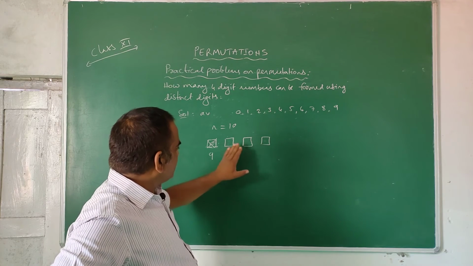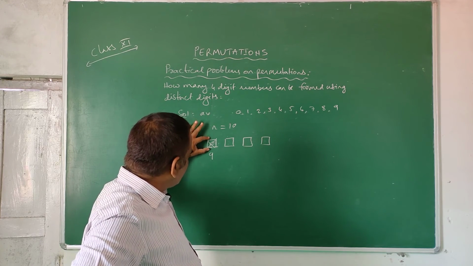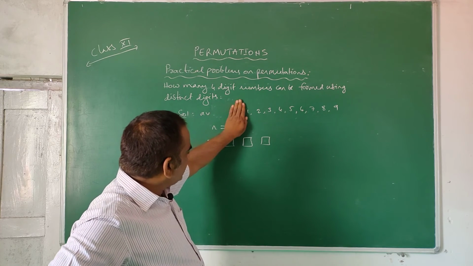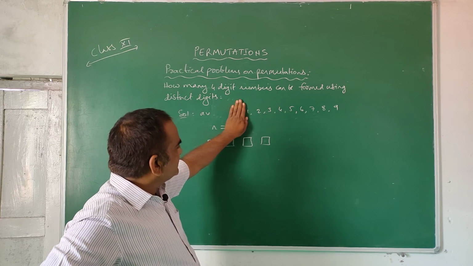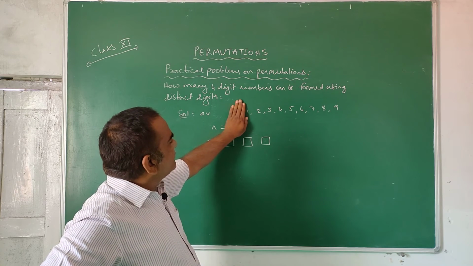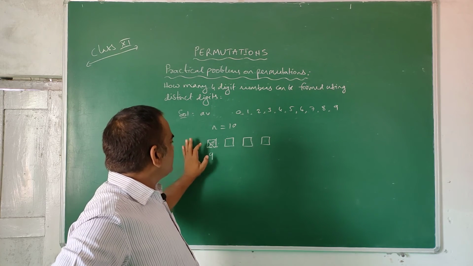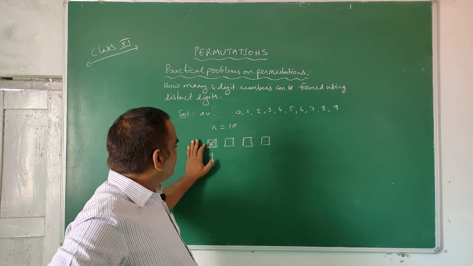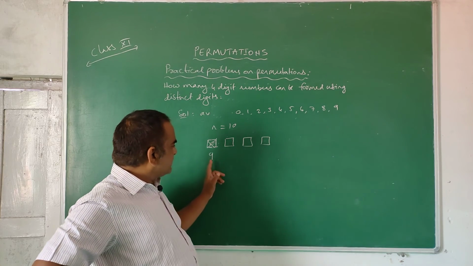So if you ignore 0, how many are there? 9 digits are there. Any of those 9 digits can be filled here. So the number of ways to fill up this position is 9.